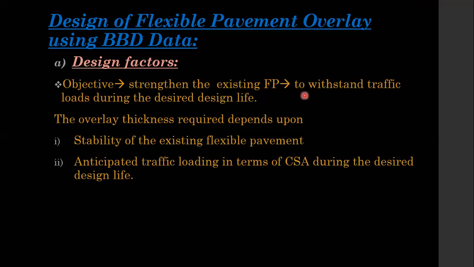So you need to strengthen the existing flexible pavement so that it can withstand the traffic loads during the desired design level. While designing the flexible pavement, you designed for 15 years, that is n is 15 years. But due to the additional amount of traffic, the pavement has deteriorated. So your objective is to give some amount of additional thickness. That is the concept behind this.